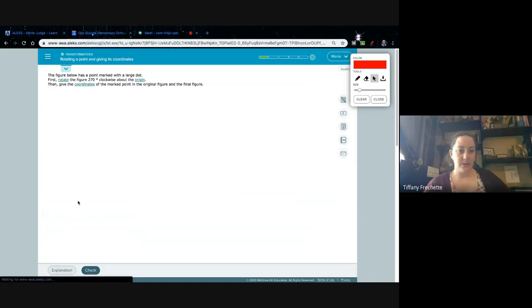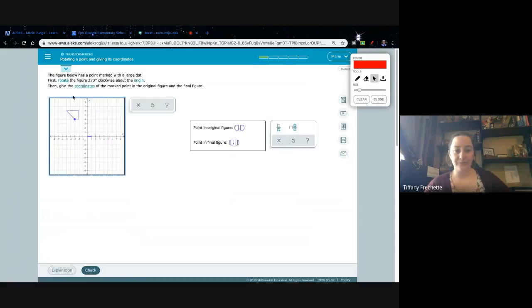Next one we have, all right, so here's our figure with the large dot. We want to rotate the figure 270 clockwise. So now on a clock, we're going to go the correct way on a clock. I want to grab this and click it so that I have the grab, and then I want to go 270. So here's 90. Here's 180.